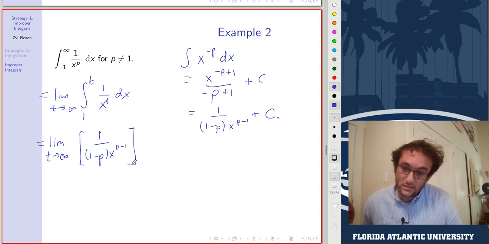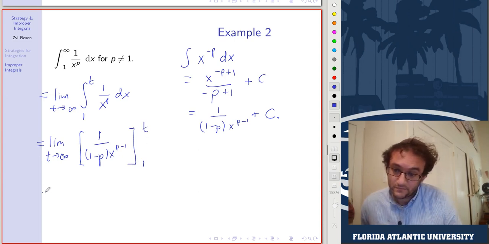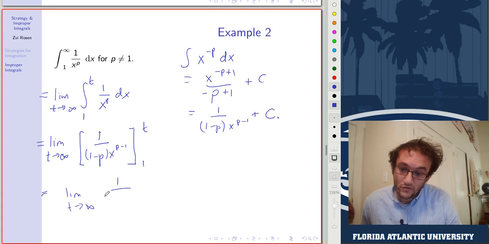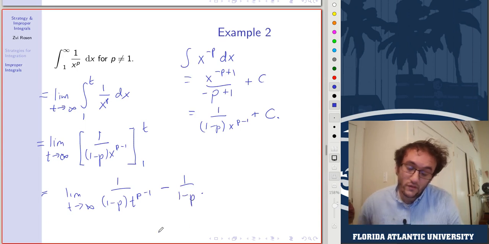And we can ignore the constant because this is a definite integral from 1 to t. And this is given as the limit as t goes to infinity of 1 over 1 minus p times t to the p minus 1, minus, and you plug in x equals 1, you get 1 over 1 minus p.